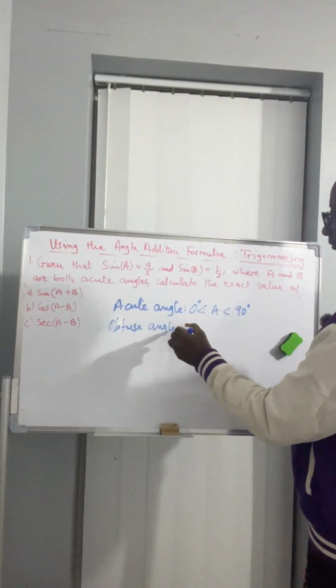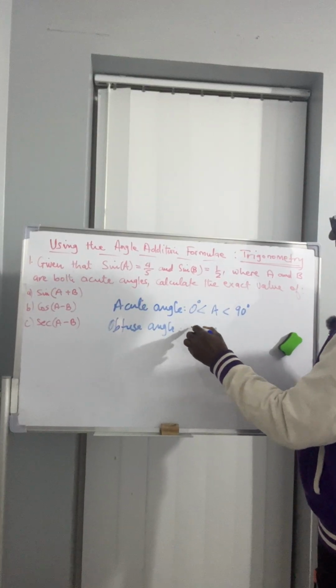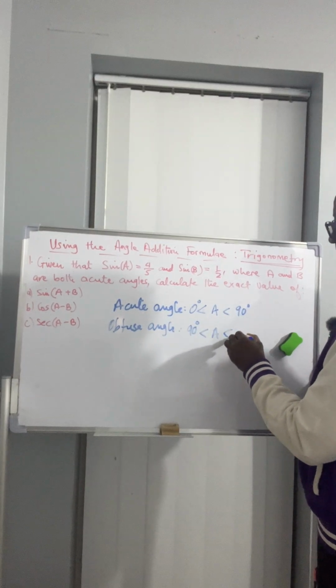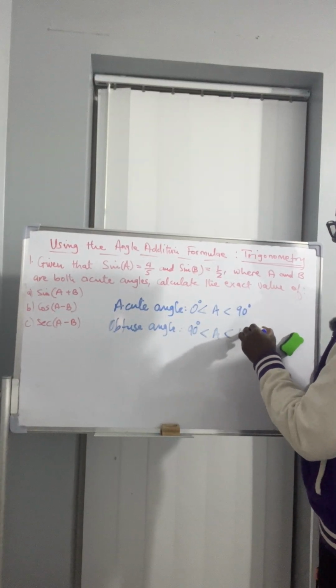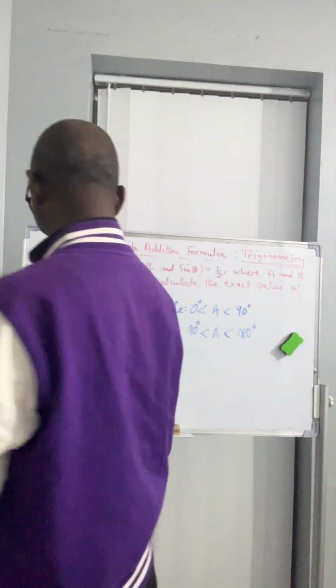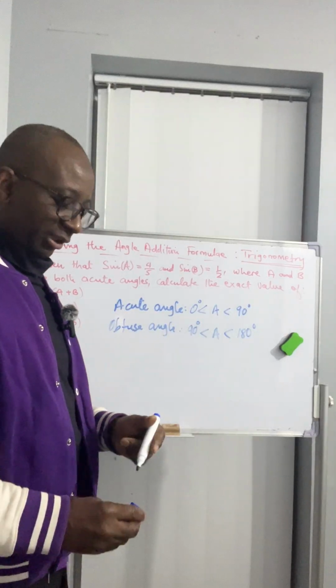In this case, the angle A is greater than 90 degrees, but less than 180 degrees. This is an obtuse angle.